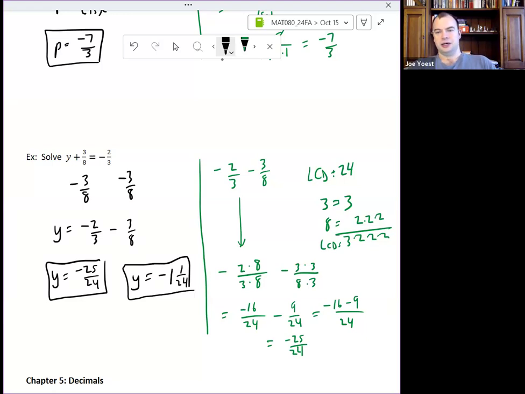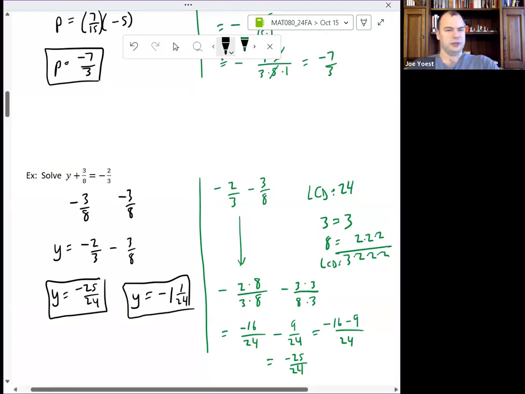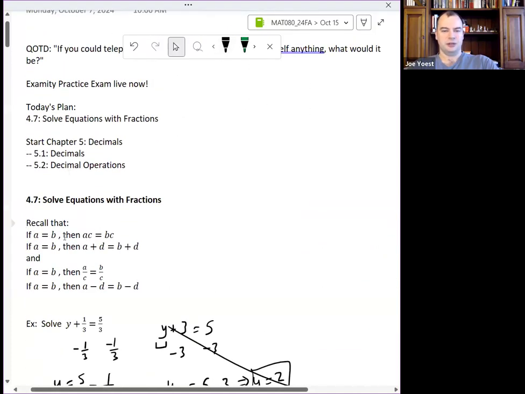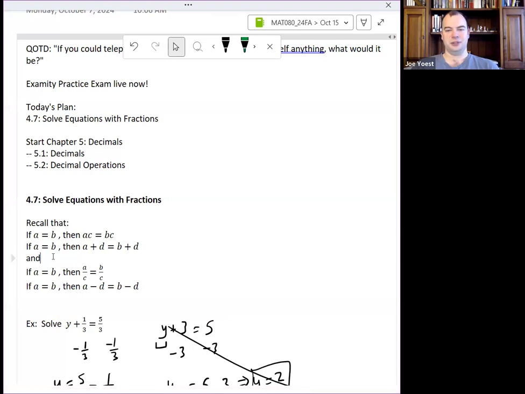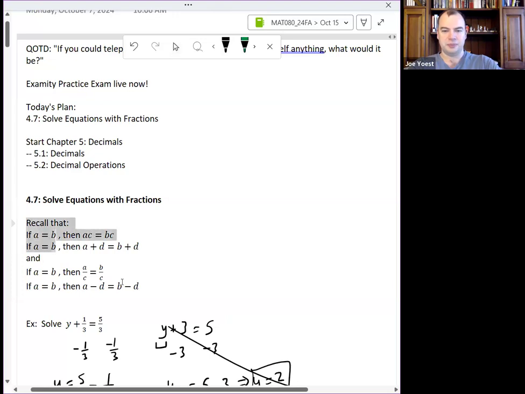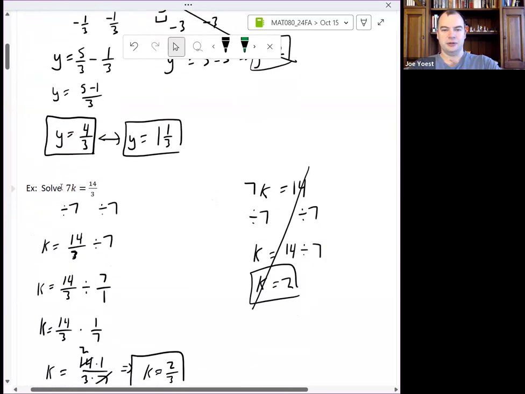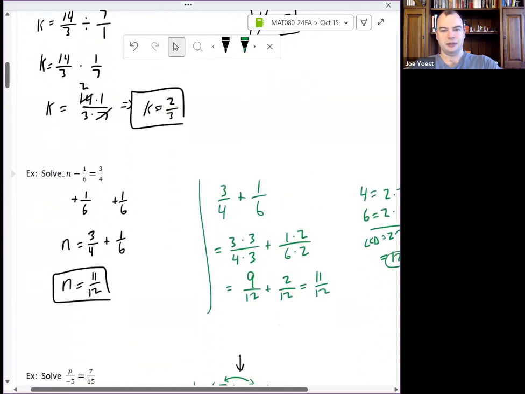Any questions on any of this? So again, this was a pretty quick section because we had already done a lot of work solving equations, building up these equation solving steps, these properties that help us solve equations. And the strategy is really no different. Adding in this one extra step of either, say subtracting a third here or dividing by 7 here, adding 1/6 there, etc., doesn't really change our strategy for solving equations.